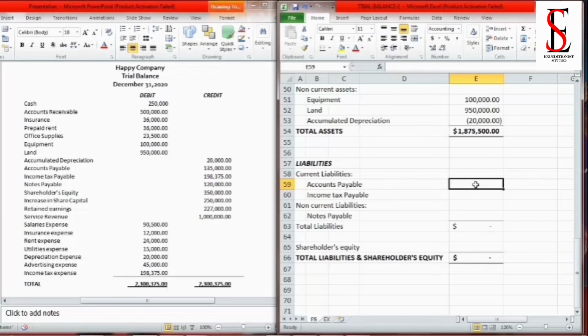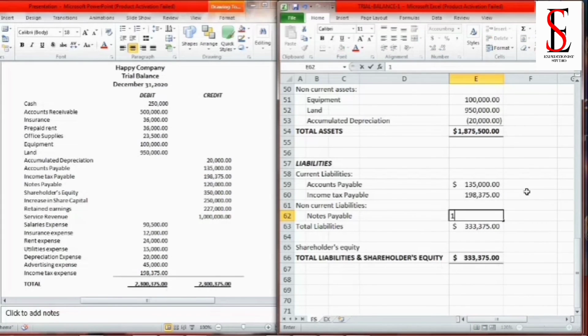Okay, so let's proceed to the liabilities. Just like we did in the assets, we will classify the liabilities into current liabilities and non-current liabilities. So first, in current liabilities is accounts payable, which amounted to $135,000, and then the income tax payable, $198,375.